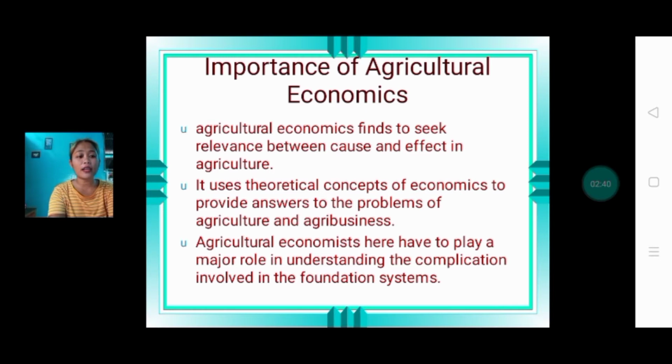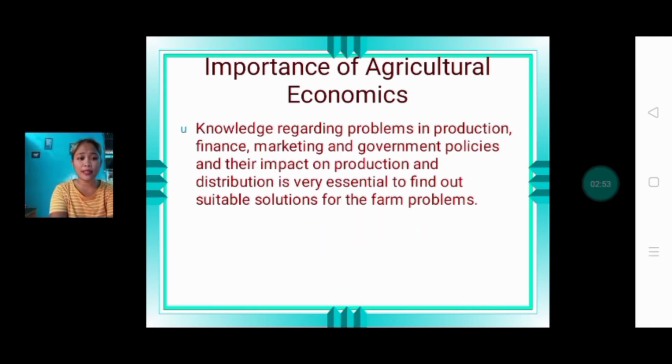Next one is agricultural economists have to play a major role in understanding the complications involved in the food system. Last one important is knowledge regarding the problems in production, finance, marketing, and government policies and their impact on production and distribution is very essential to find out the suitable solution for the farm's problem.